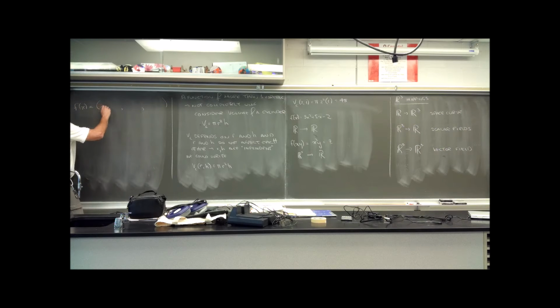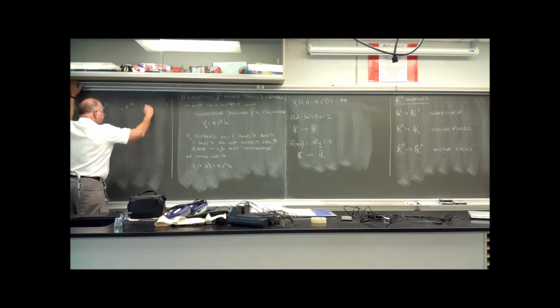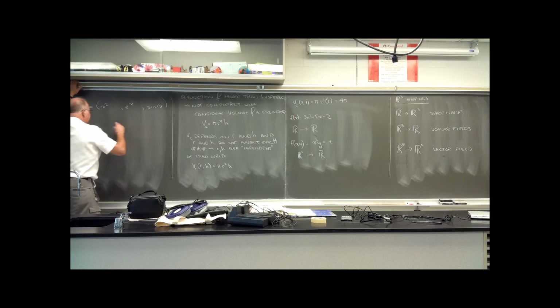And so this could be x squared, this could be e to the x, this could be sine x, let's just suppose. So what we have here is f sub x of x, f sub y of x, and f sub z of x.